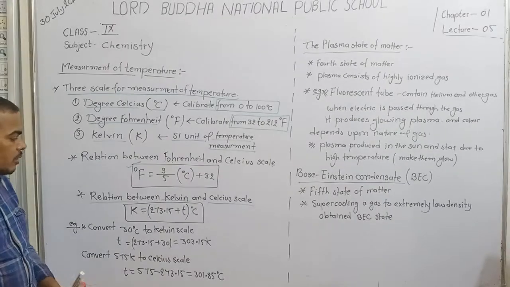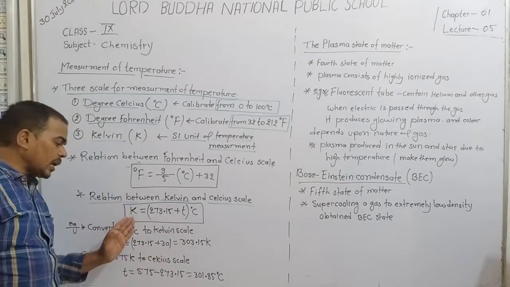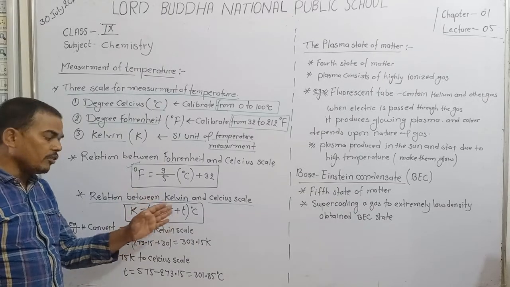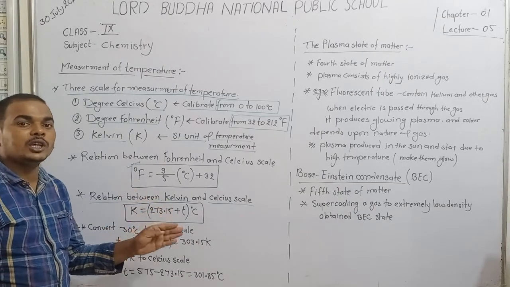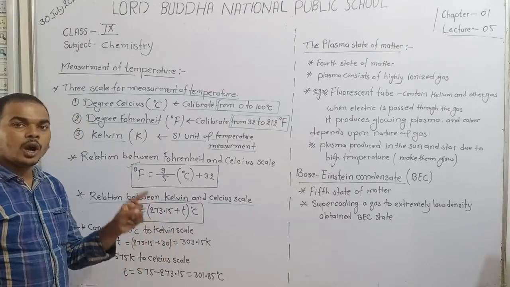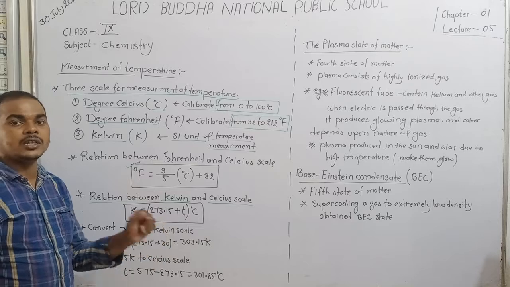Again, for converting degree Celsius into Kelvin, add 273.15 to the temperature given in degree Celsius.